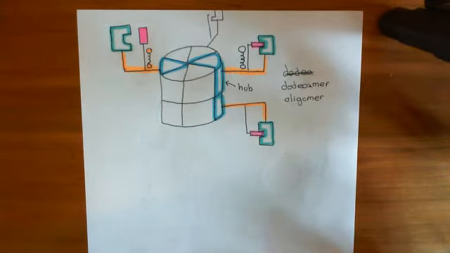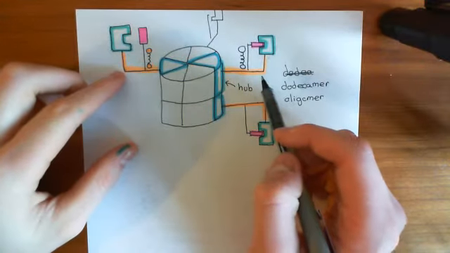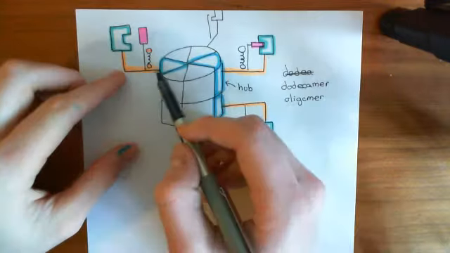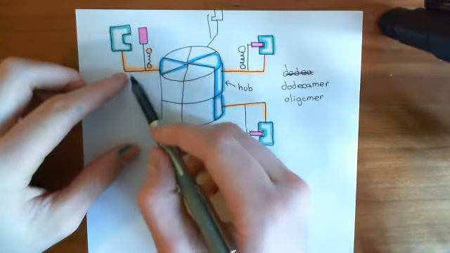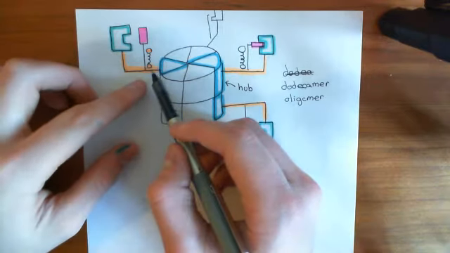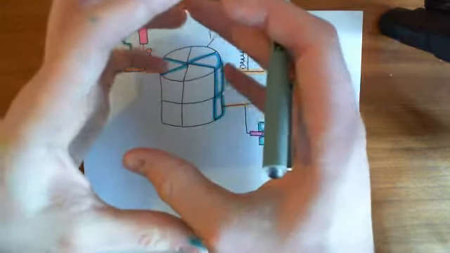Now, another interesting fact is that there are different isoforms of the CAM kinase 2 enzyme, and they vary in how long this linker region is. Now, if the linker region is very, very short, then you're basically going to have everything very dense.